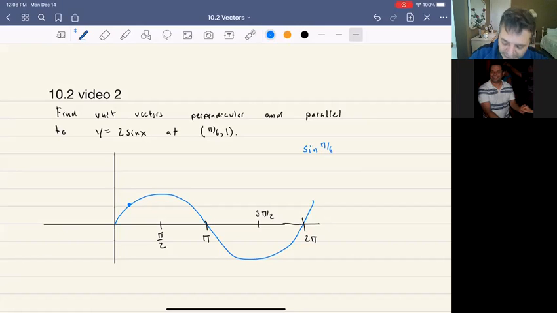Sine of pi over 6, that is what? 1/2? No. Yes, let me just check that against my calculator, because I'm in one of those days. It is 1/2.